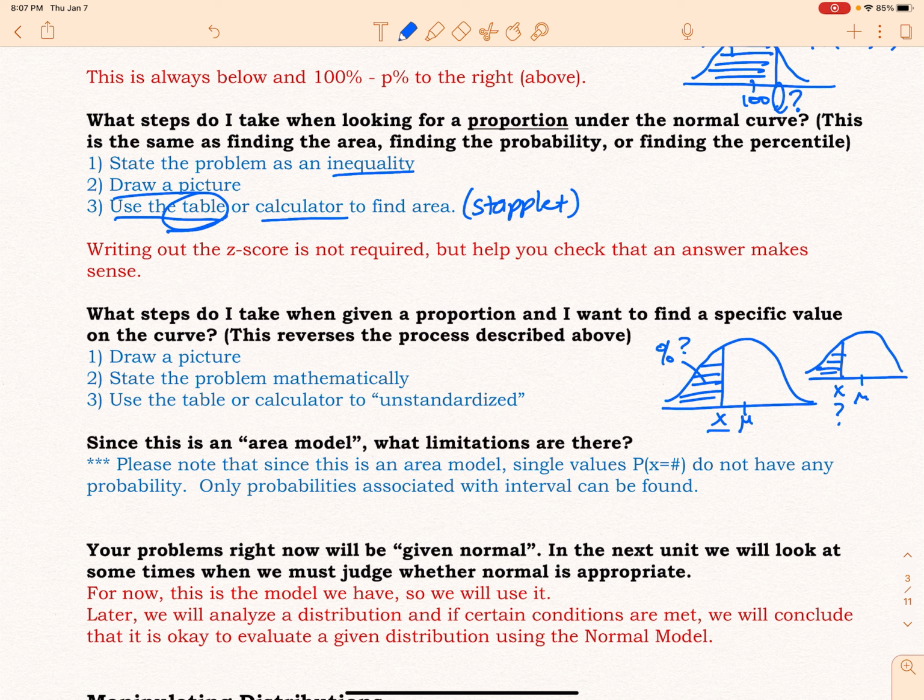So we're going to draw a picture, state our problem mathematically, and then of course we have to unstandardize it.